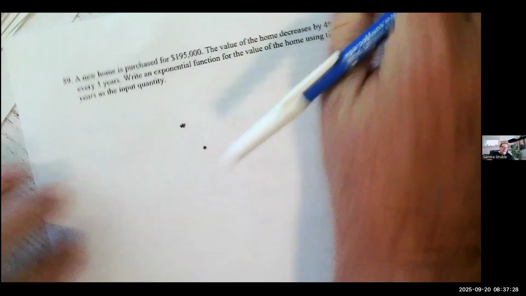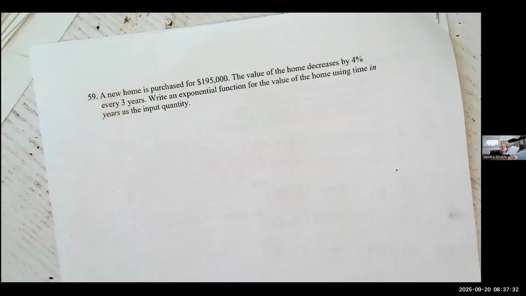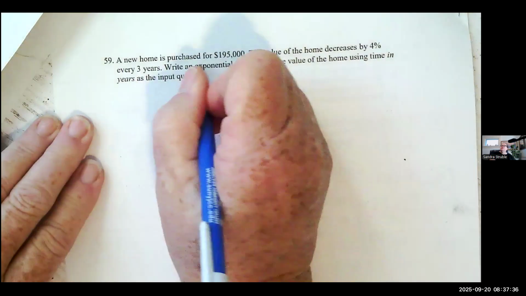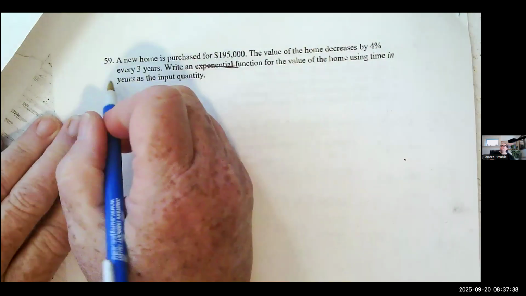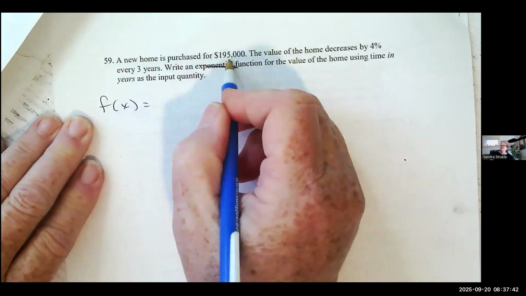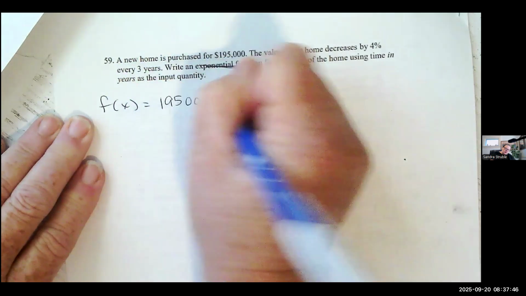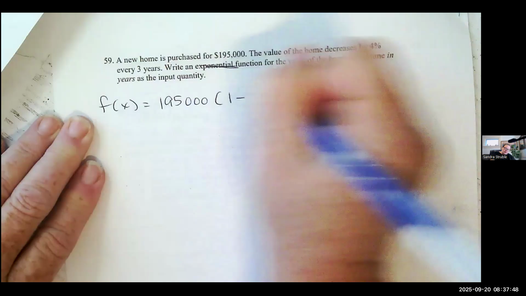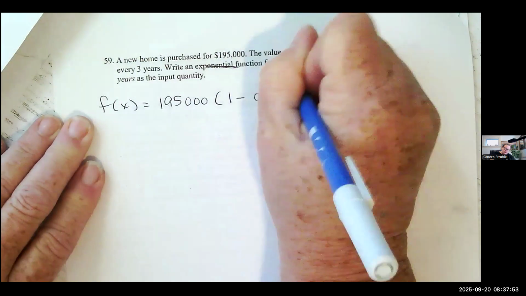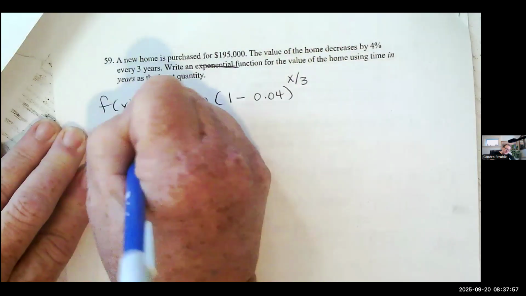The next one, I did the same question. What will be the value in 25 years? But first, let's go ahead and do our function. And again, I won't say the word exponential. So f of x. A new home is purchased for 195,000, my initial value. And it's decreasing, so 1 minus 4%, 0.04, every 3 years. Okay, so I just need to simplify that.